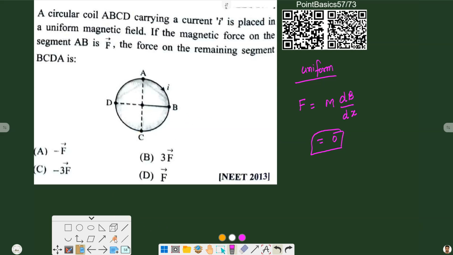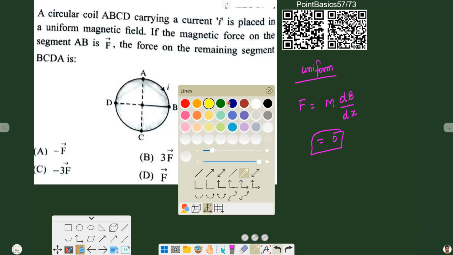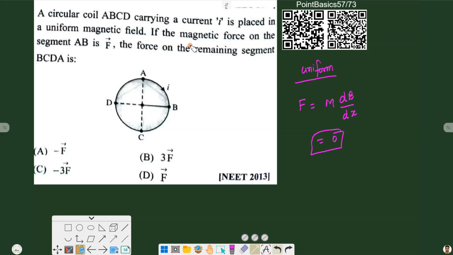Now, as per the statement, the force on the AB part is F. Suppose it is in the outward direction. As a whole, the total force on this loop is zero. So the total force on the remaining part should be in the opposite direction and equal in magnitude, so that it cancels out perfectly.